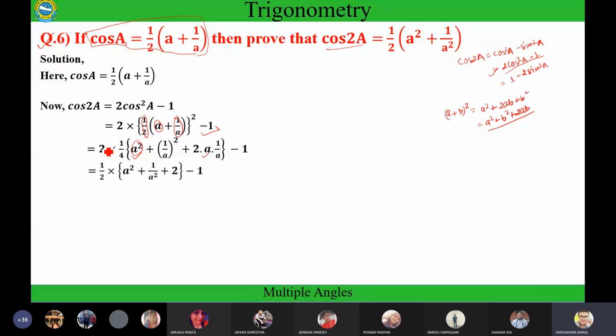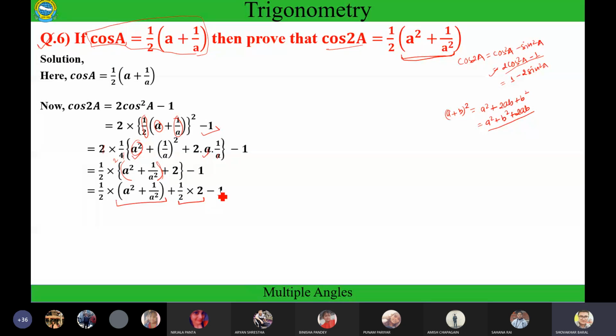So 1 by 2 to the 4 it will be 2, 1 by 2 times a square plus 1 by a square plus 2. A and 1 by a cancel, so 2 is remaining here, minus 1. Now let's multiply. It will be 1 by 2 times (a square plus 1 by a square); I bracket it because I need it in the same format. Multiplying the whole thing by 1 by 2: 1 by 2 times (a square plus 1 by a square) plus 1 by 2 times 2, minus 1.